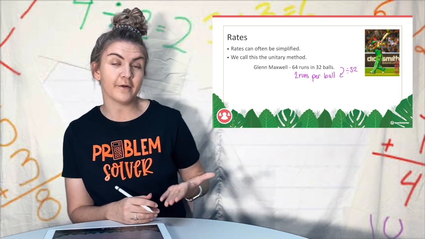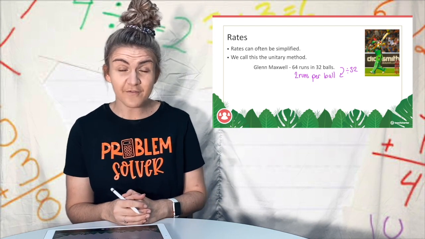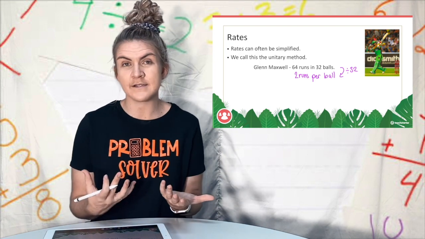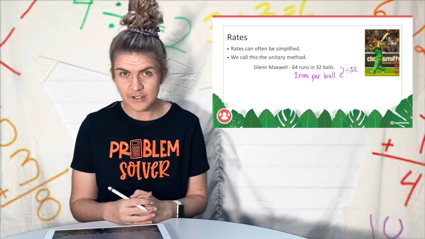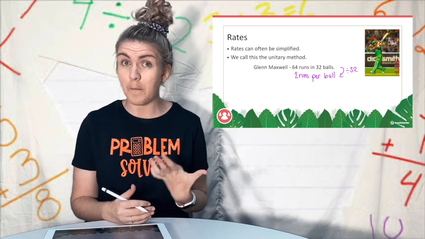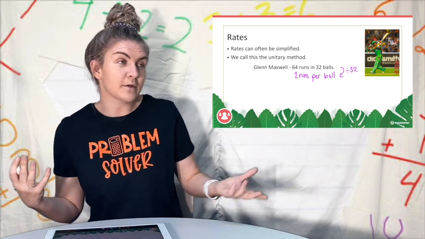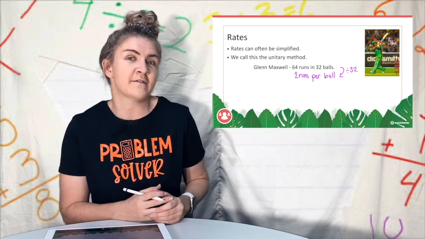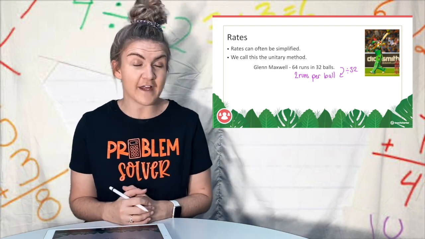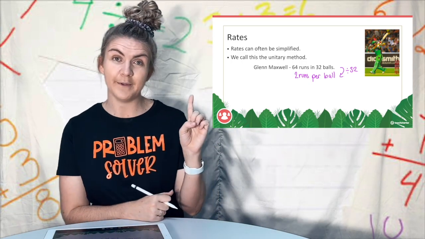So for every ball that is thrown, he gets an average of 2 runs. By simplifying this down to 1 ball using the unitary method, I can then use this statistic in many different situations. It gives me a much better idea of how many runs he might score per ball. And if someone said to me, how many runs would Glenn Maxwell get if he had 70 balls thrown at him, I could calculate that by multiplying. So that is an example of the unitary method. It tells us how many runs there are per 1 ball.